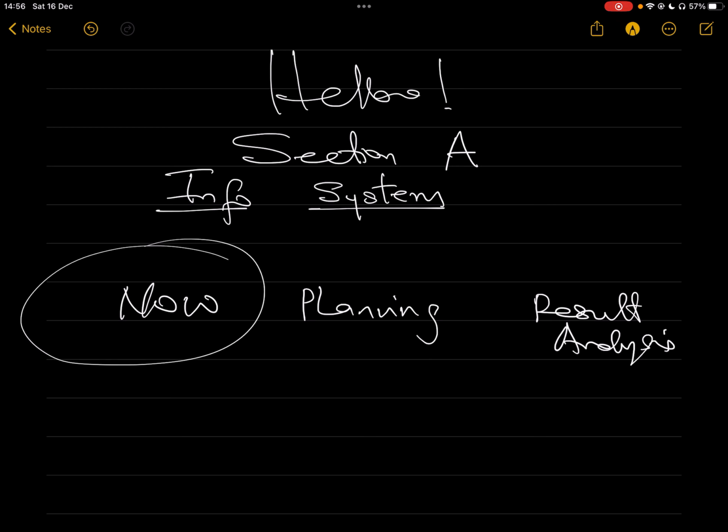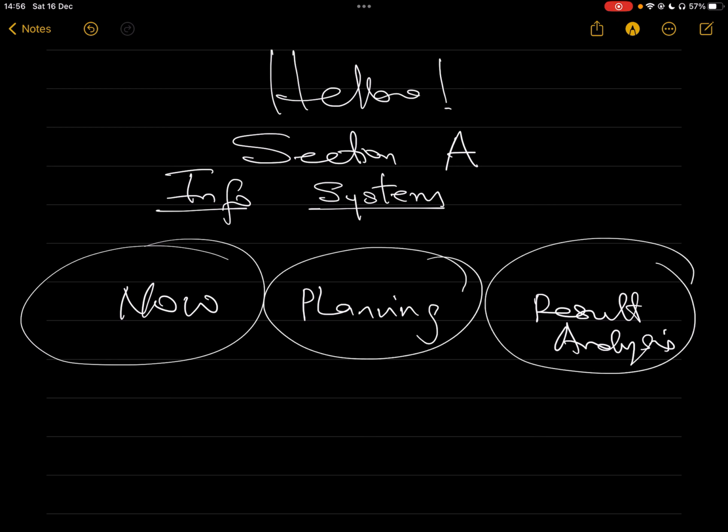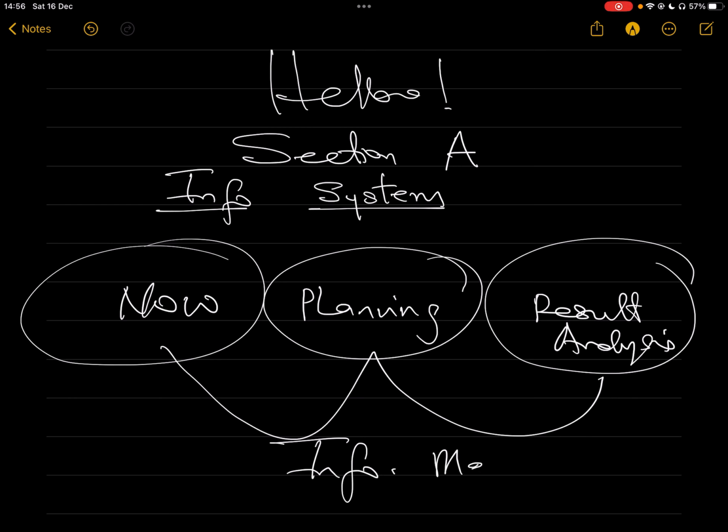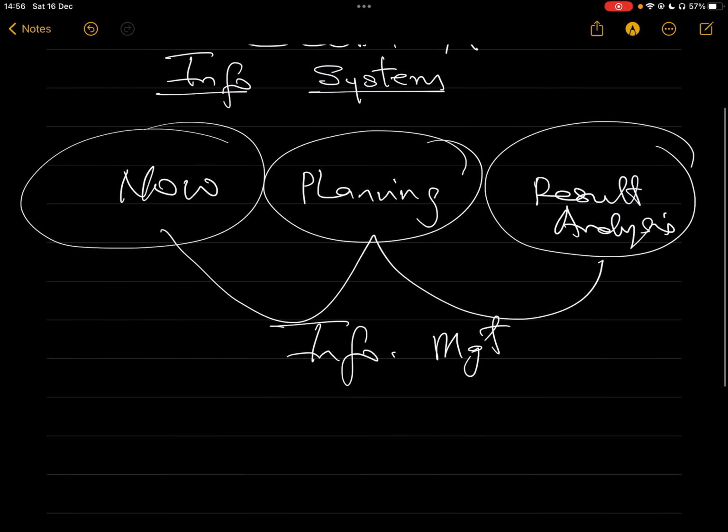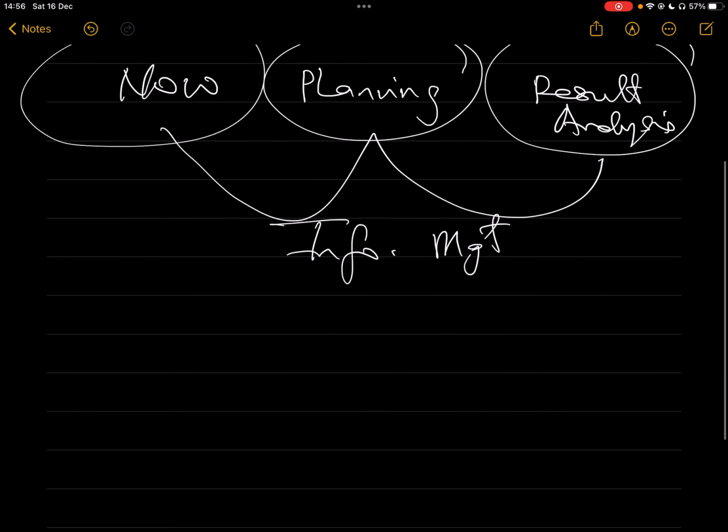And to be able to assess now, to be able to plan for the future, and to be able to assess the result of the future, information is very important. So that is why this section A of the syllabus, information management and systems, is pretty important. So this is what I want to quickly address today.